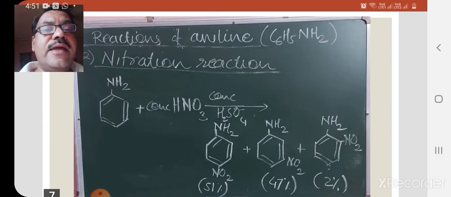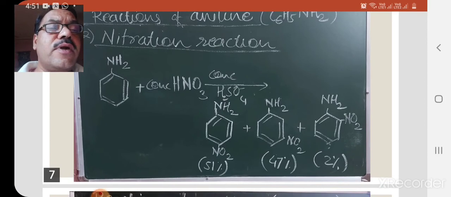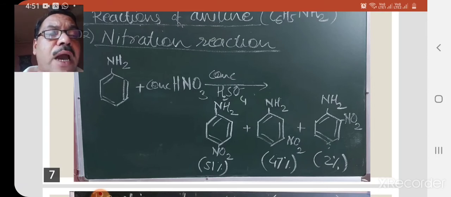When aniline is reacted with concentrated nitric acid in the presence of concentrated sulfuric acid, a mixture of products is formed. This concentrated nitric acid and concentrated sulfuric acid together are called the nitrating mixture. So when aniline is reacted with the nitrating mixture, a mixture of para-nitroaniline, meta-nitroaniline and ortho-nitroaniline is formed.